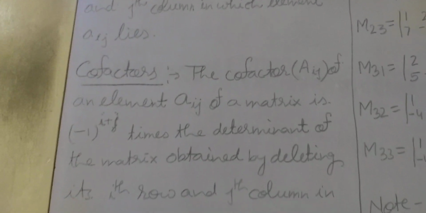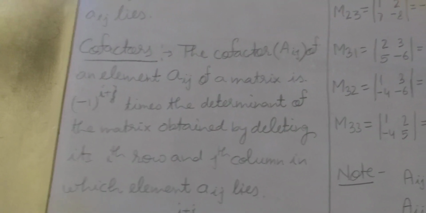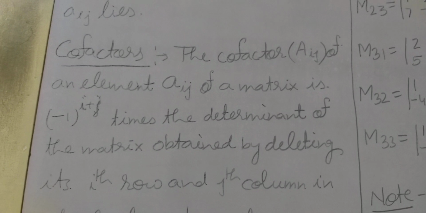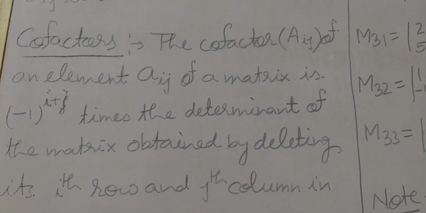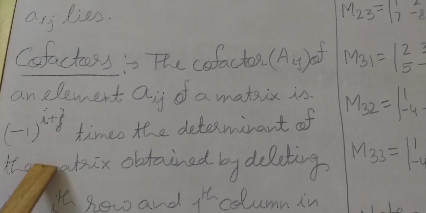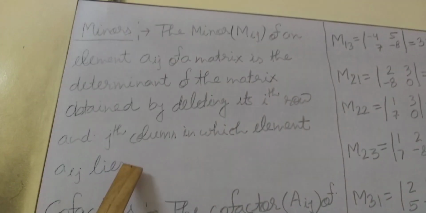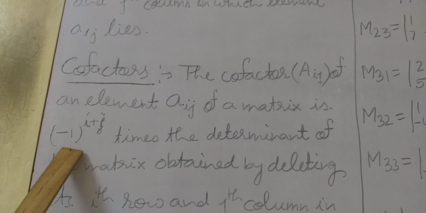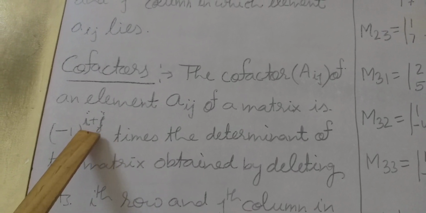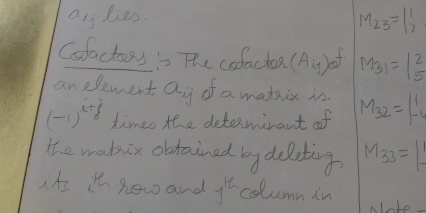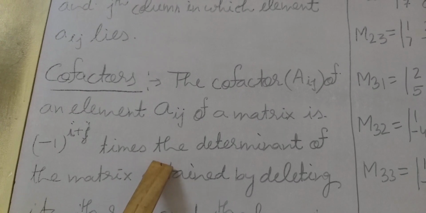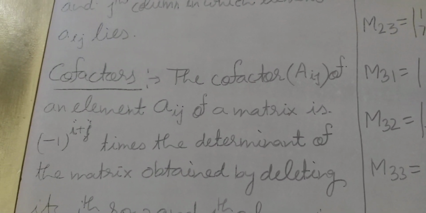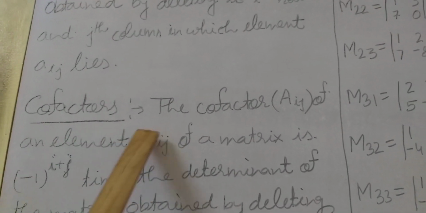Come to the cofactor. In the cofactor, only one difference is there, students. The definition is the same as the minor. Only one change is there: (-1) to the power i plus j times the determinant. Let us read one time the definition of cofactors.